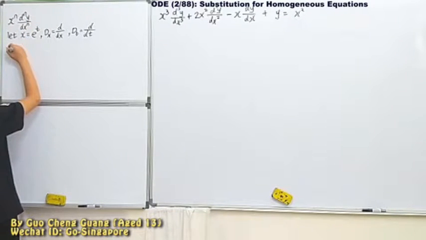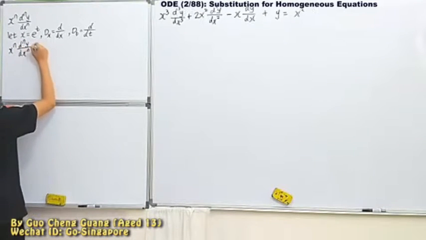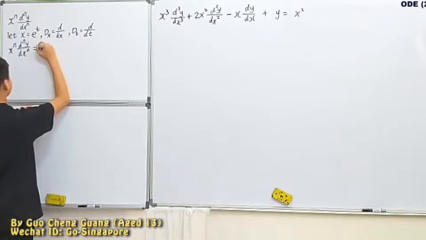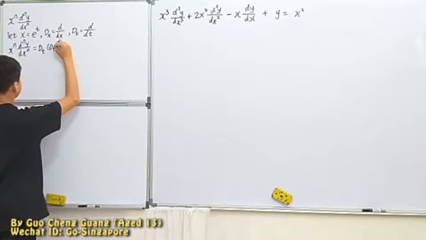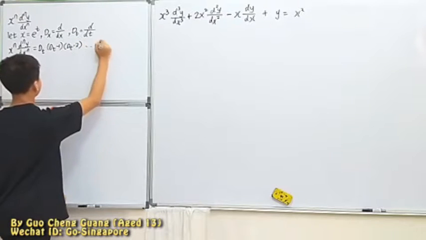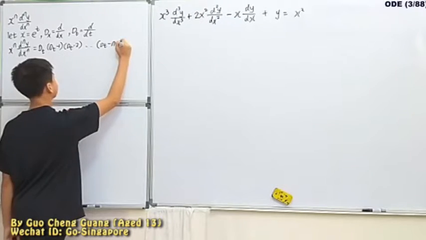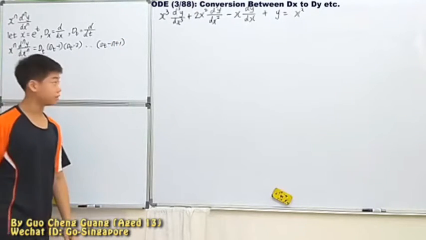So x to the power of n, then the nth derivative of y would be d over dt, minus 1, d over dt minus 2, all the way until d over dt minus n plus 1. So basically this is just that pattern over here.